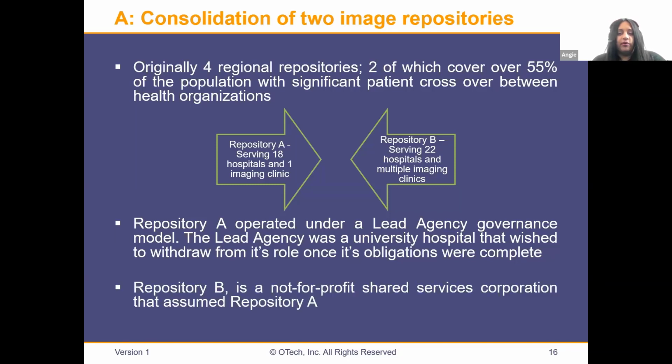The lead agency for Repository A, in this case, was a large university hospital that essentially made the decision to withdraw from its role. And this created, of course, the need for another organization to step in and assume the role. Repository B, which is a not-for-profit shared services corporation with ongoing operations, stepped in and essentially assumed Repository A.